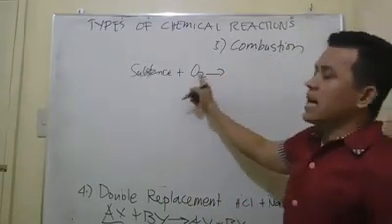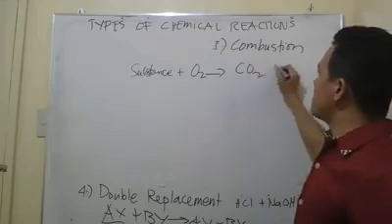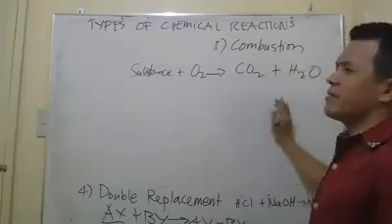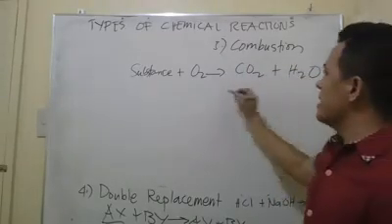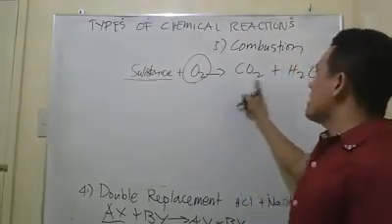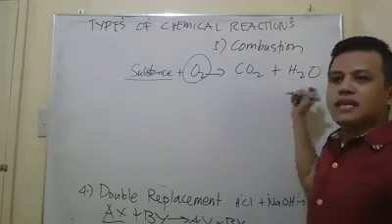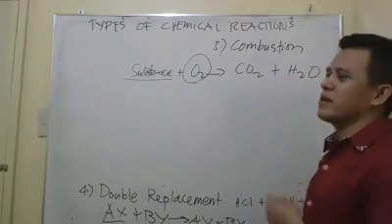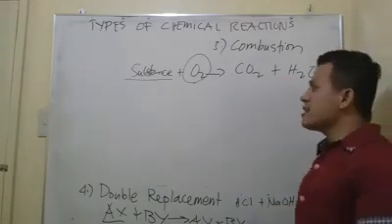It always reacts with oxygen and produces carbon dioxide plus water. Always remember that this is the combustion type of reaction. Any kind of substance reacts with oxygen and gives us carbon dioxide and water.